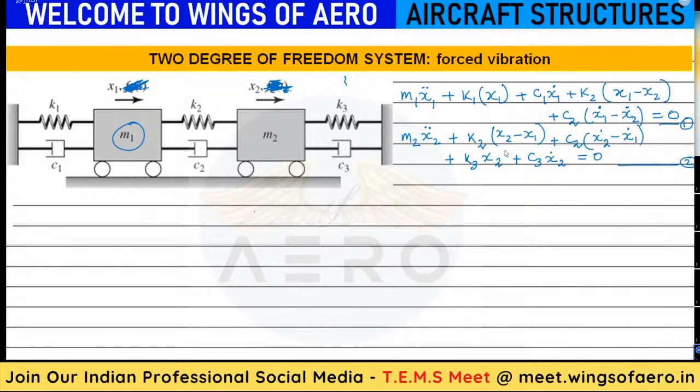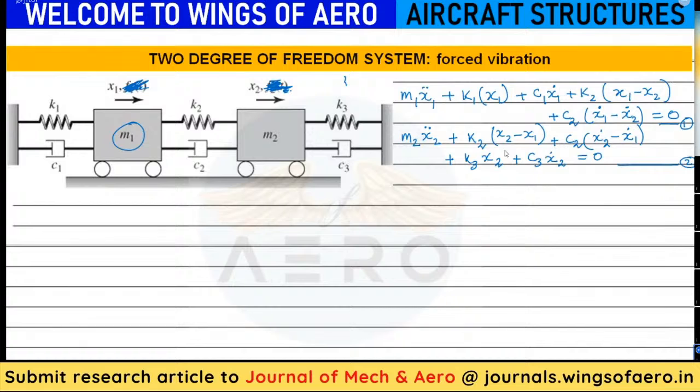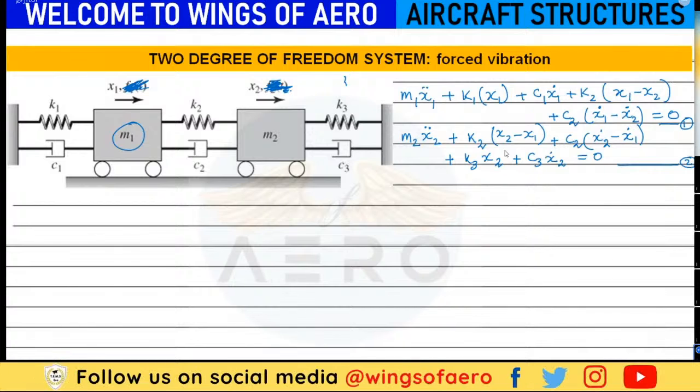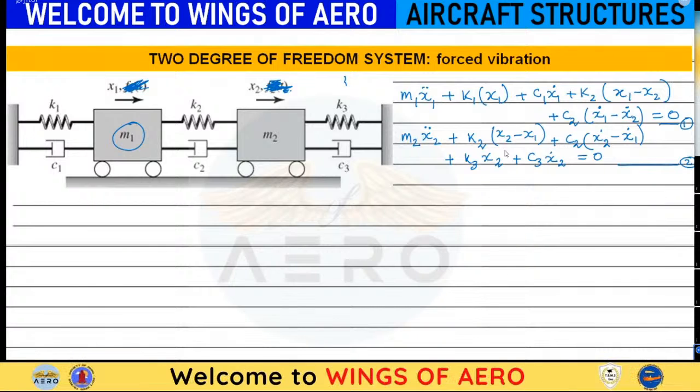Now this can also be written in matrix form. Sometimes in some questions they have given it in matrix form and might not provide you the system, so from the equation you need to find the other parameters.